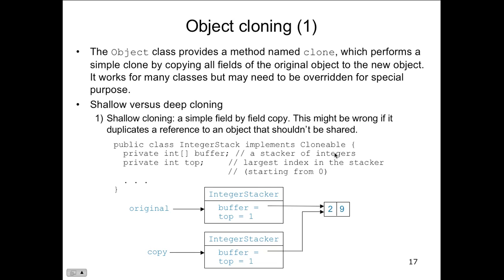If one clone has created some memory that it is using, you don't want the other clone to reference that same piece of memory that the original clone is using. Because then instead of clones, you've got two objects working together with the same piece of memory.